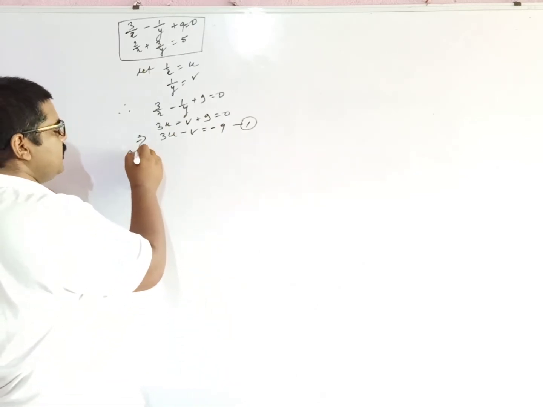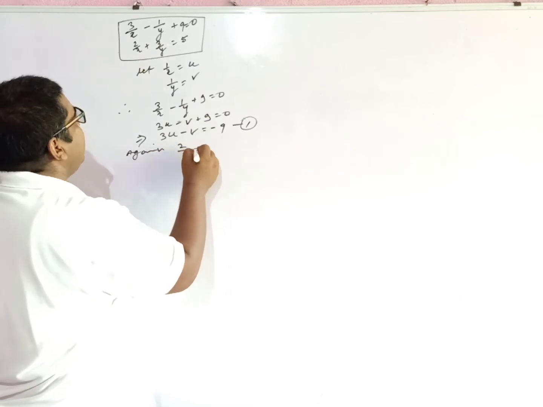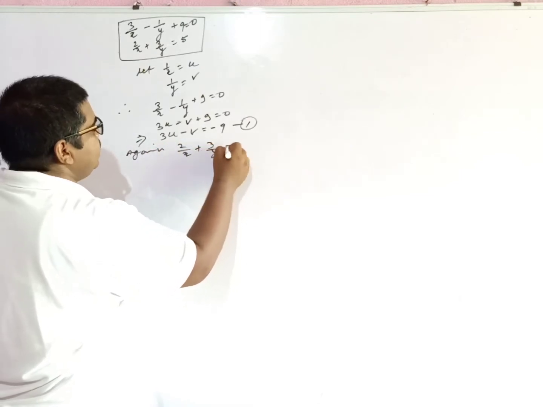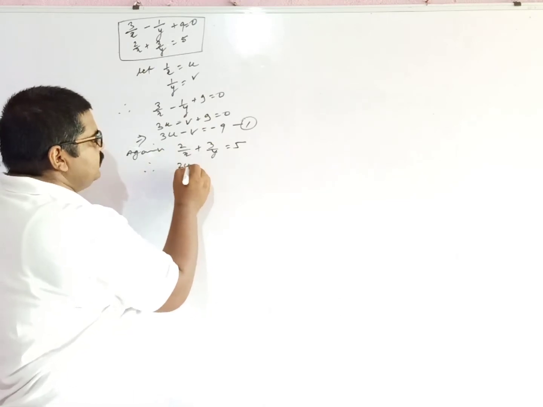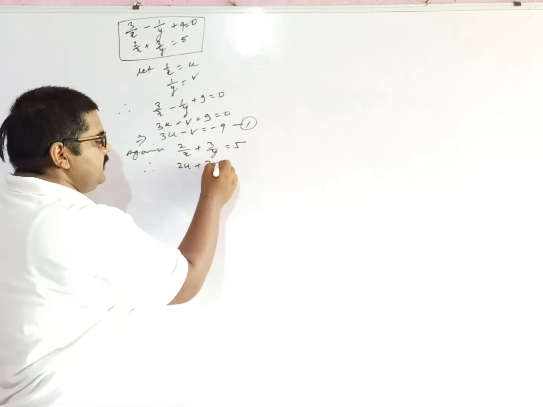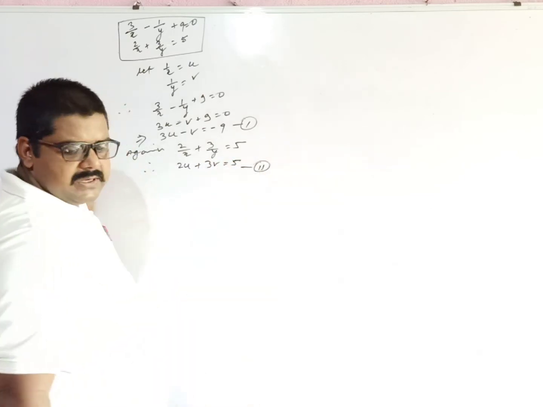Again, from the question it has been given that 2 upon x plus 3 upon y is equal to 5. Therefore it can be written as 2u plus 3v is equal to 5, and it is considered as second.